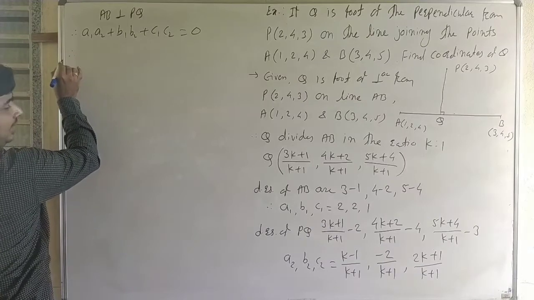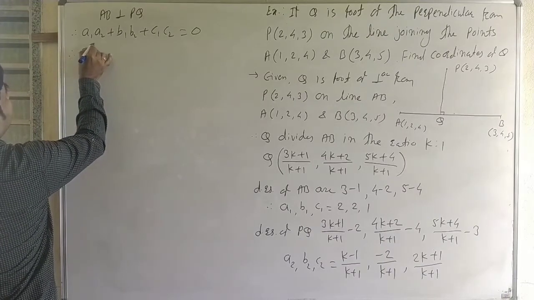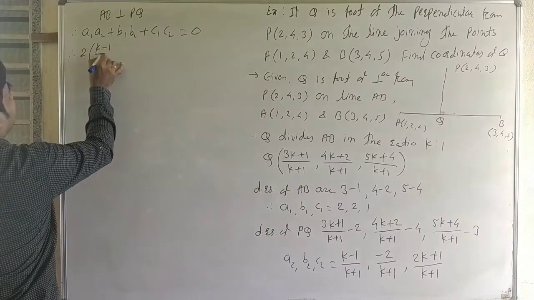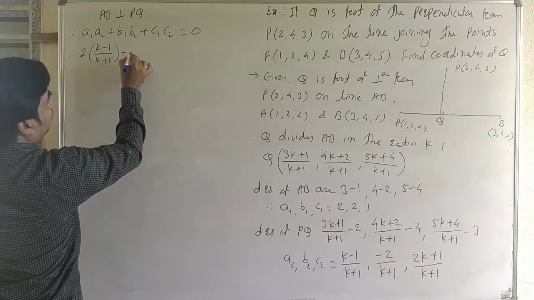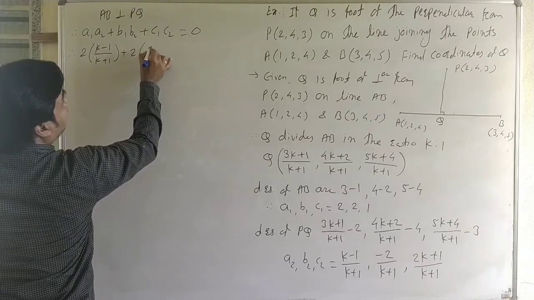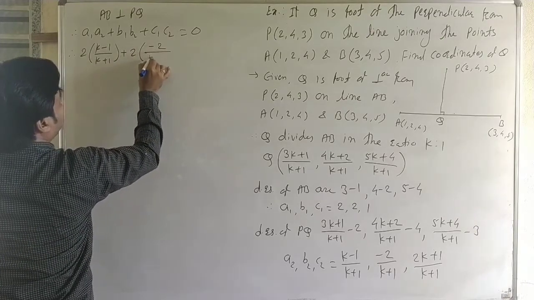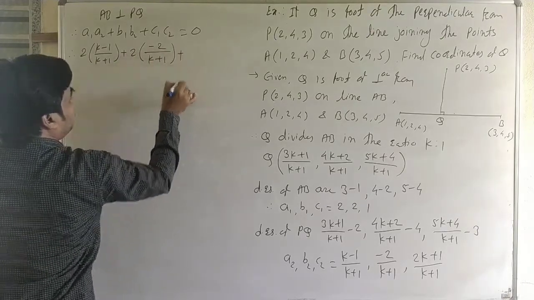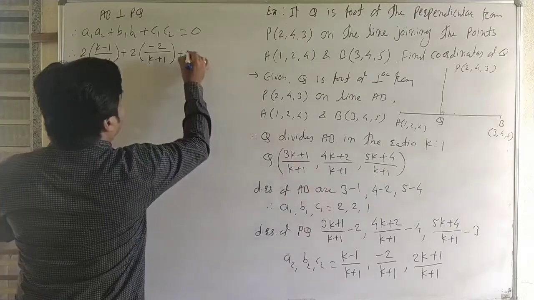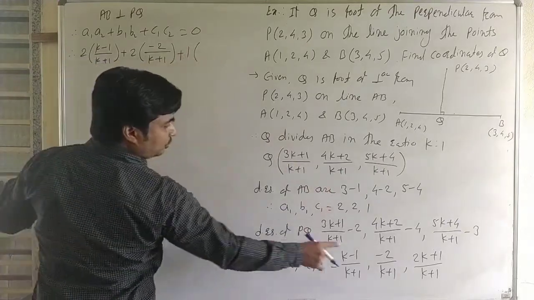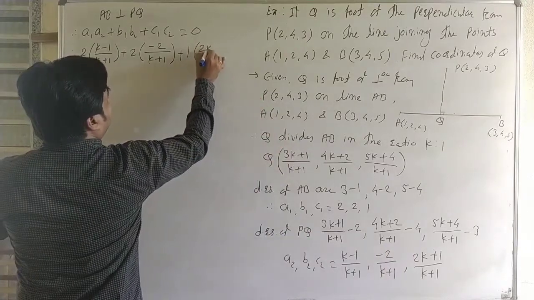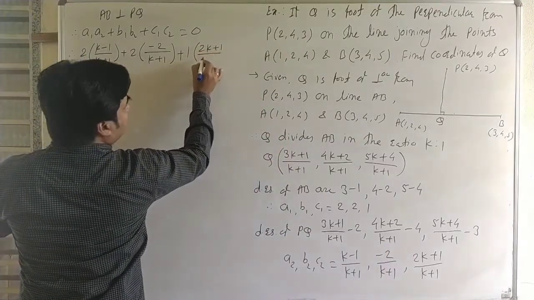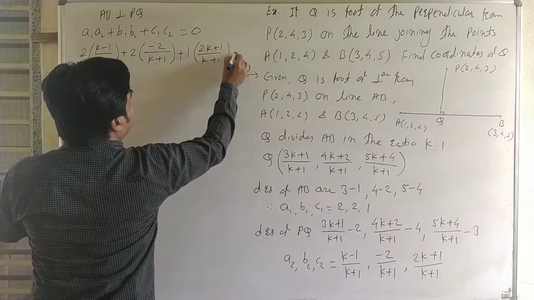Therefore, 2 into k minus 1 upon k plus 1, plus 2 into minus 2 upon k plus 1, plus 1 into 2k plus 1 upon k plus 1 is equal to 0.